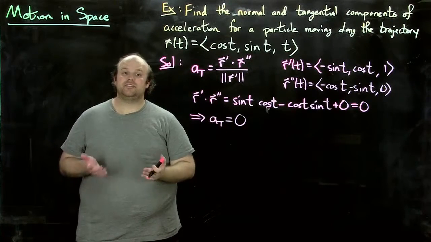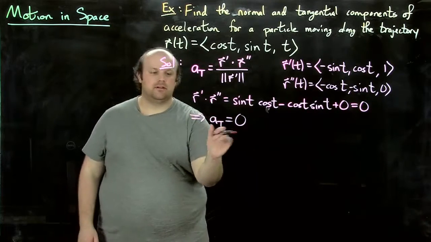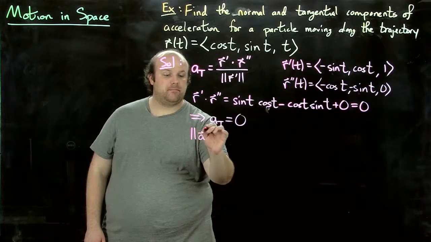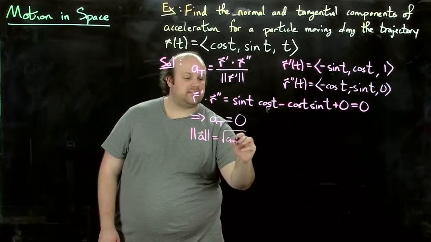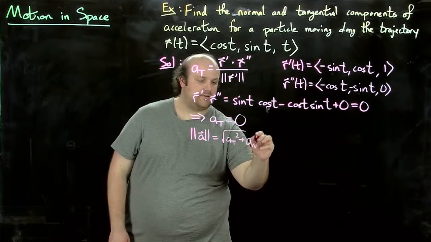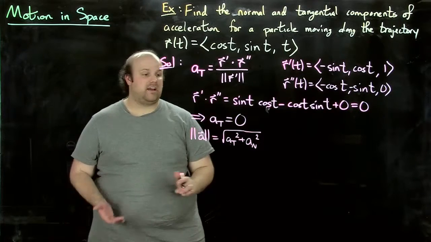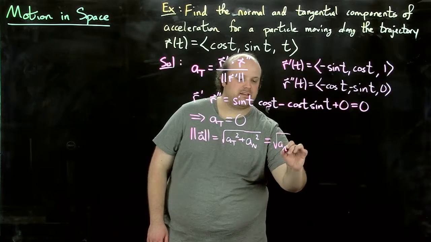Well, this actually puts us in a really nice position because since AT is 0, remember the magnitude of A is the square root of AT squared plus AN squared. This is why this is a very convenient fact. We plug in the 0, and we have the square root of AN squared.